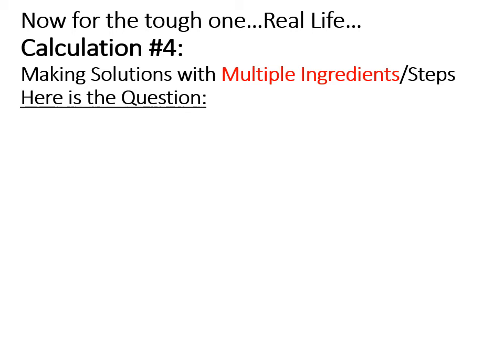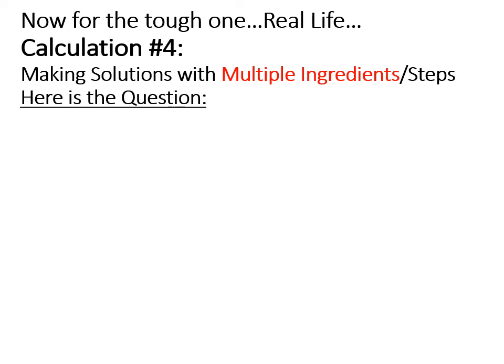Because for instance, in the last problem we did, I showed you that a lot of times in a lab, you'll keep a concentrated stock solution and then you dilute it down. What I didn't tell you is, where does that concentrated stock solution come from? You have to make it first. Okay, so a lot of times if you run out of a stock solution, because that's what happens in labs, people don't replace what they're supposed to.